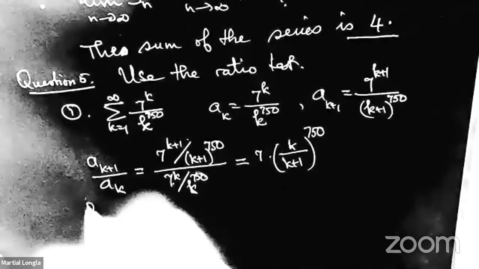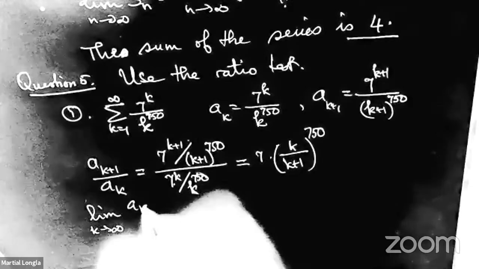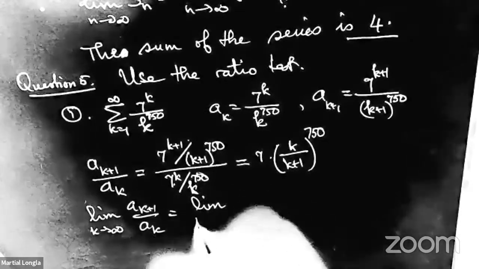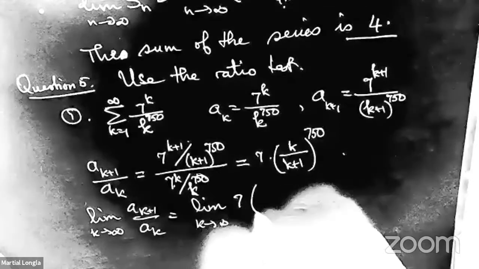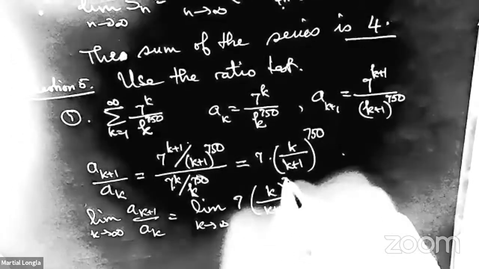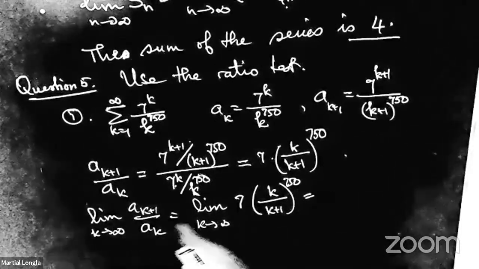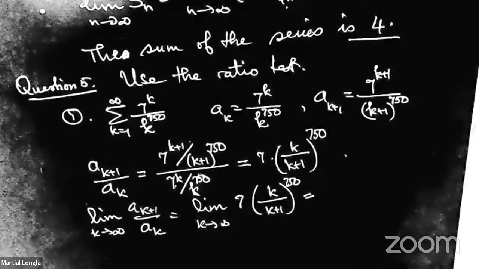And so when you find the limit as k goes to infinity of ak plus 1 over ak, you get the limit as k goes to infinity. And when you simplify things like this before finding limits, you see clearly what you're doing. Otherwise, you're trying to trick yourself because you cannot trick me. So now you have 7, and then you have k over k plus 1 to the power 750.